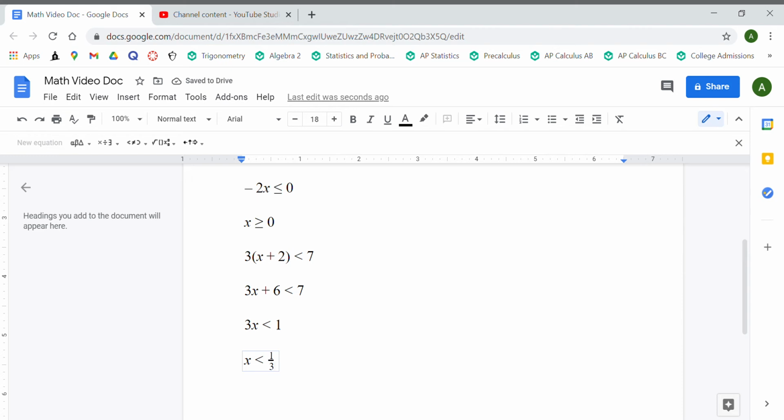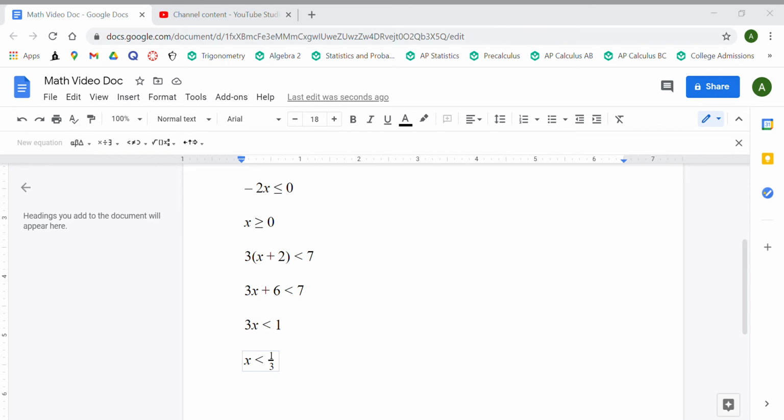Or 1/3. I'm going to try to graph the solution with fractions. This is how I'm going to do it. 0, 1/3. Okay, that's a terrible 3, guys. I'm sorry.